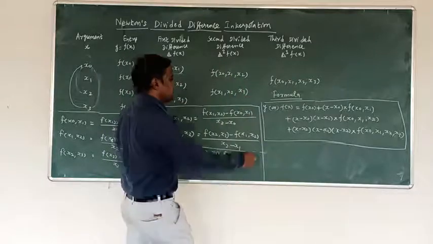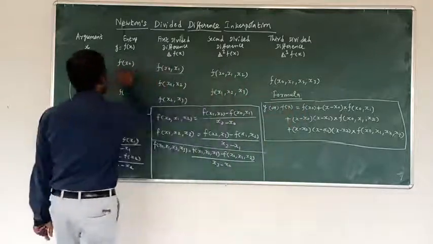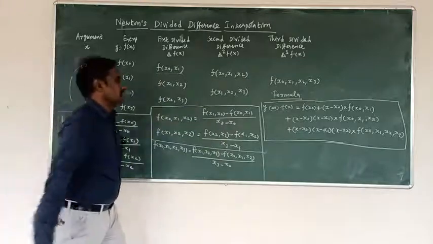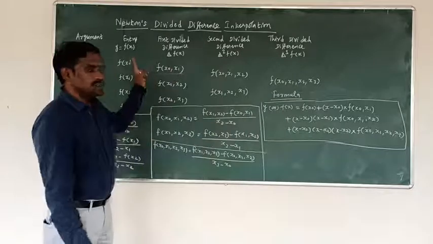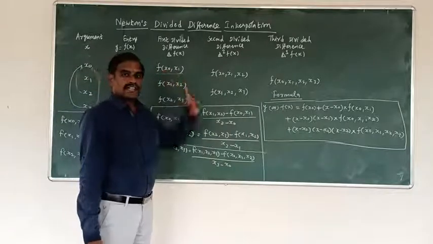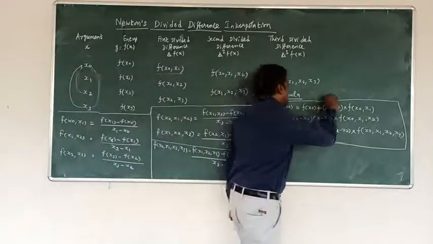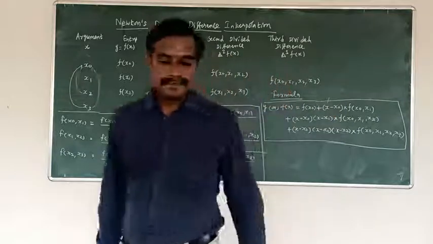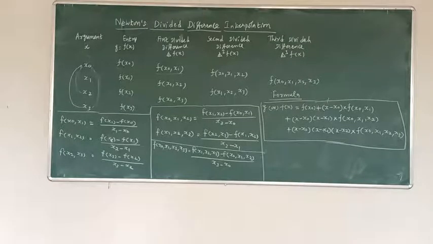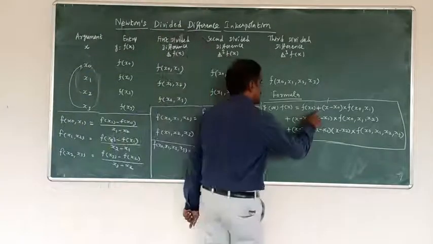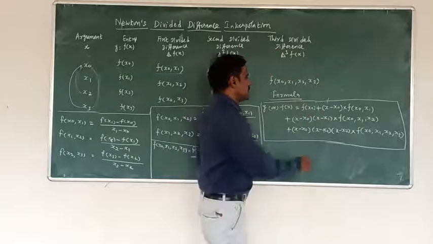Here the f of x0 value is this one, and x is given in the question itself.